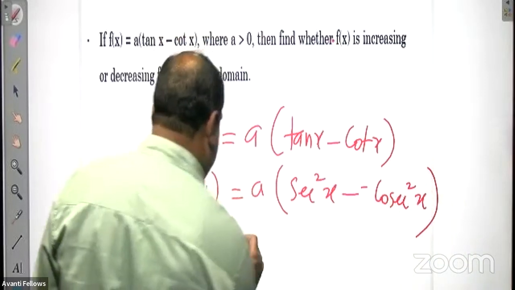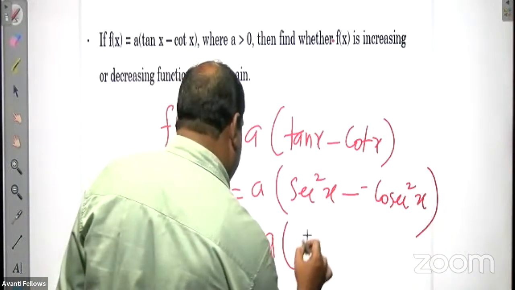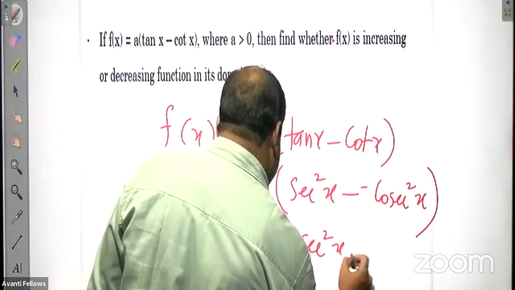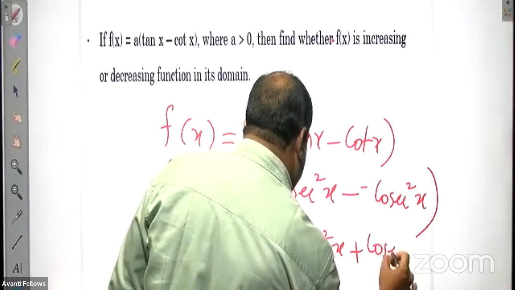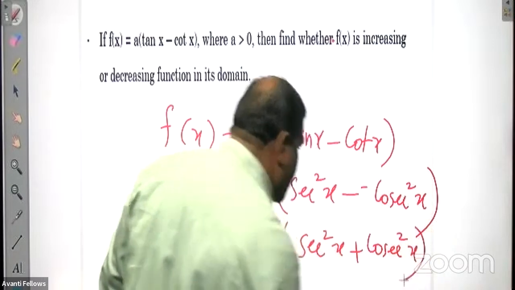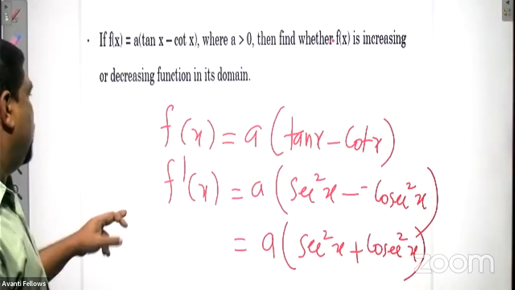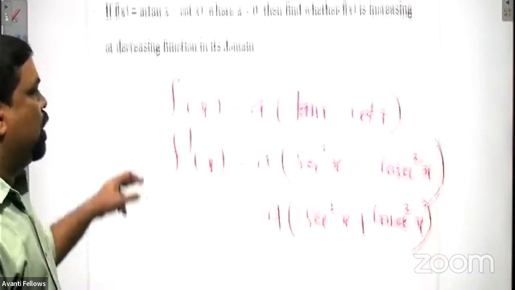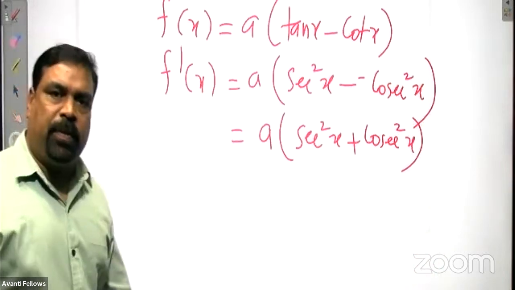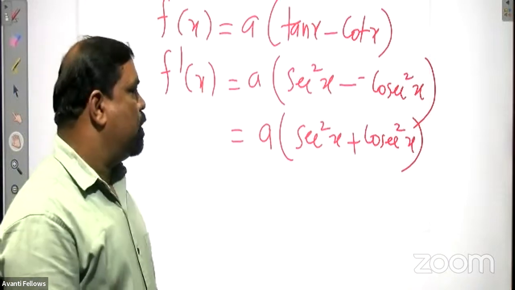That is equal to a into sec square x plus cosec square x. So this is the derivative of the given function, isn't it?